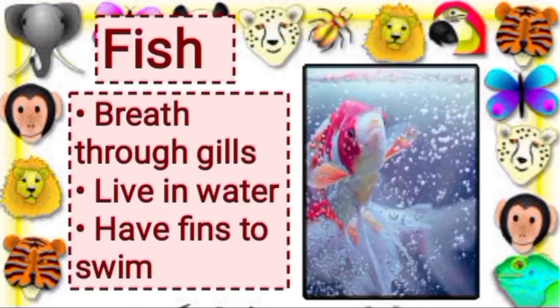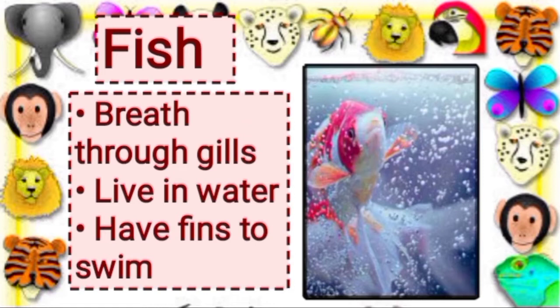Now let's understand the features of fish. A fish is an animal which lives and breathes in water. All fish are vertebrates, meaning they have a backbone, and most of them breathe through their gills and have fins and scales.